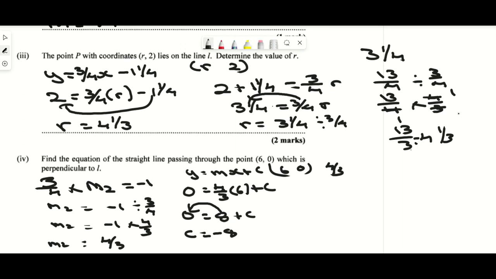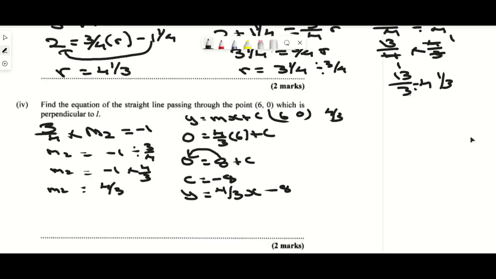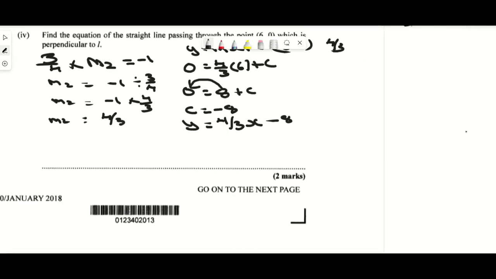So if we know that, then the equation of the line will be y is equals to, what is m? 4 over 3x minus 8. That would be the equation of this line. All right, let me put it. Y is equals to 4 over 3, not 4 over 3. I made a mistake, guys. It's minus 4 over 3.